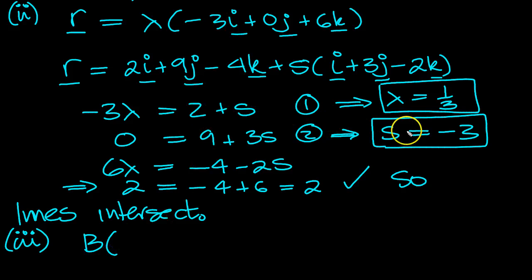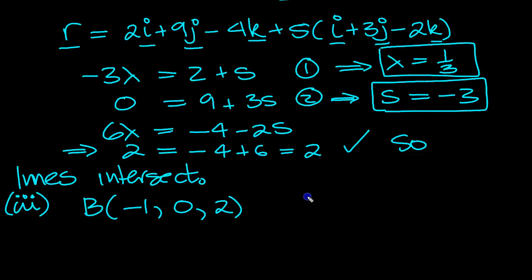Well, if we put lambda in here, a third times minus 3 is minus 1, then 0 times lambda is 0, and 6 times a third is 2. So there's B. So the modulus of OB is equal to this squared and this squared, all added up and square rooted. 4, 5. So square root 5.